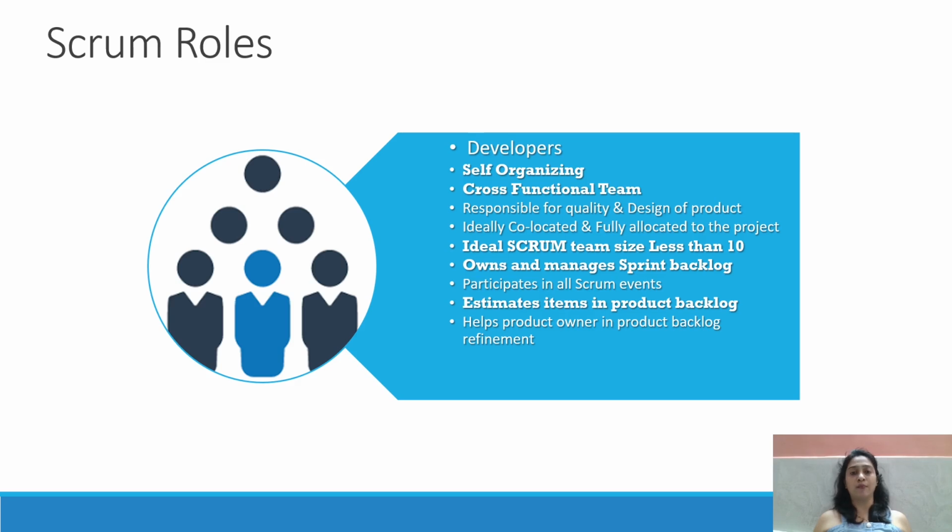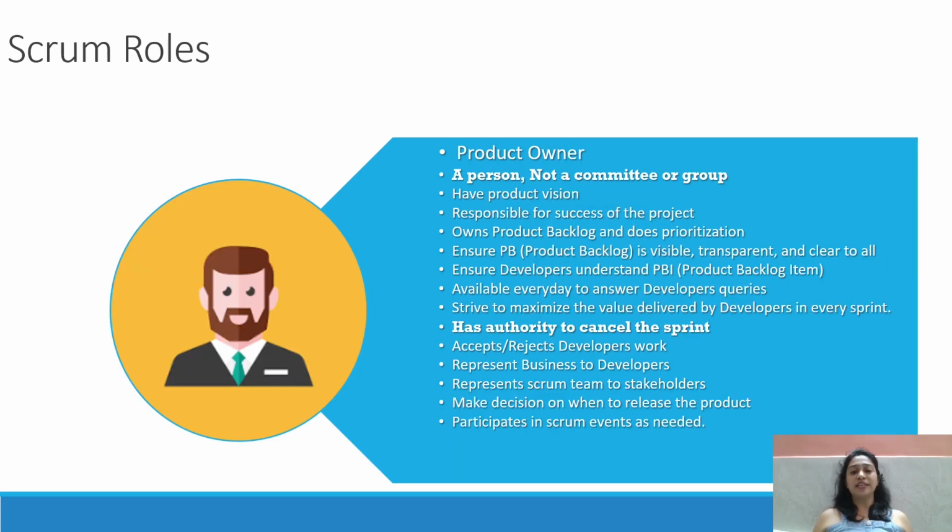In Scrum, let's go ahead and see the product owner's responsibilities. He is one person, not a committee or group. He should have clear goals and a product vision, what we are going to produce at the end. He is responsible for the success of the project. He owns the product backlog and does the prioritization.